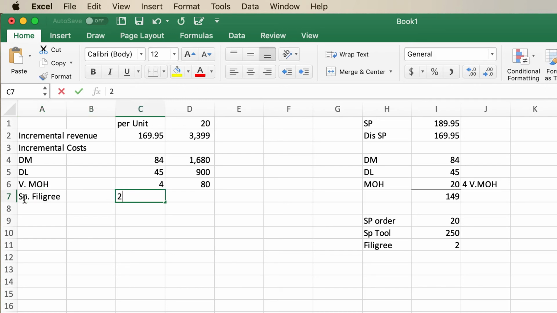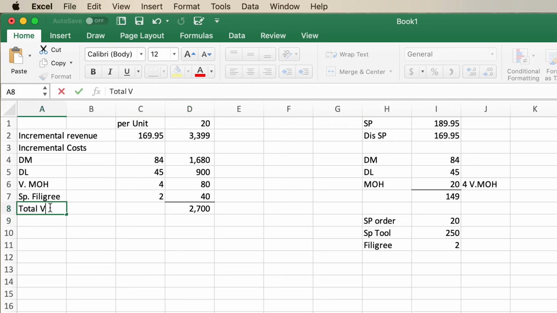It's a direct material. It's $2 per unit or per bracelet. We're making 20 bracelets. That's $40. So we can see just by looking at the variable costs that our total variable costs for this special order is $2,700.